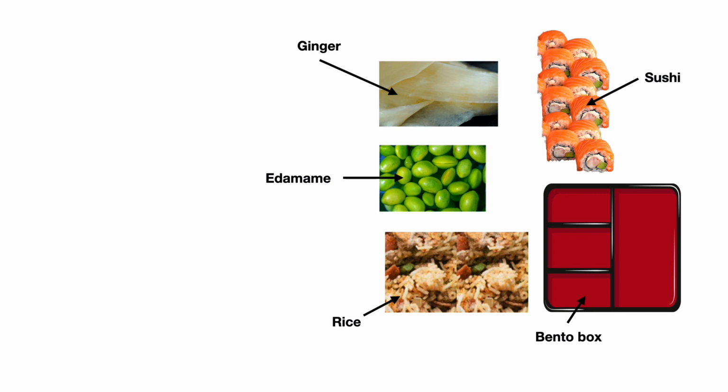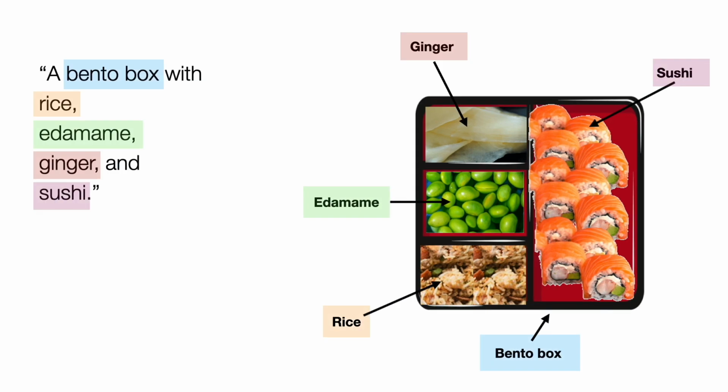To make my perfect bento box, I first collect this set of image layers. Each layer contains information on the visual characteristics of the desired object and is paired with text. I arrange these layers in my desired spatial layout and pair the layers with a full image prompt.